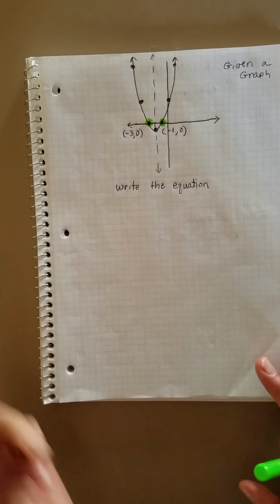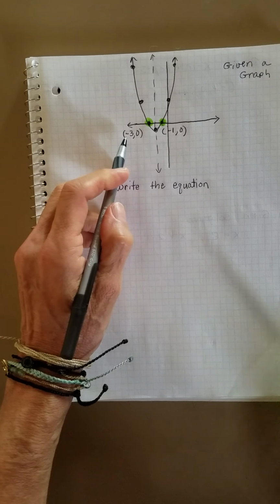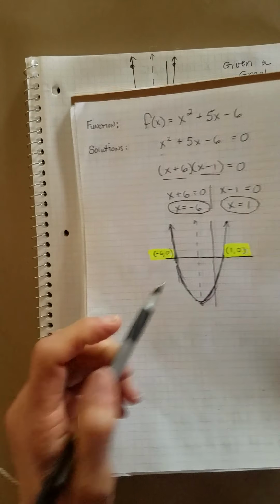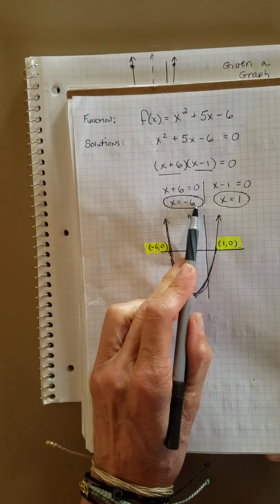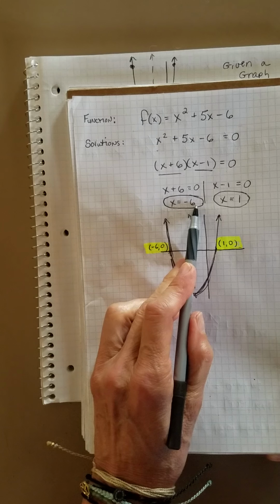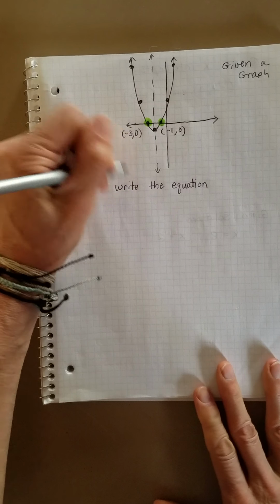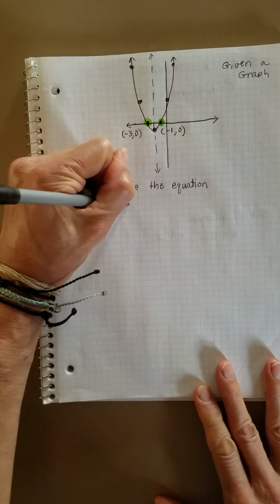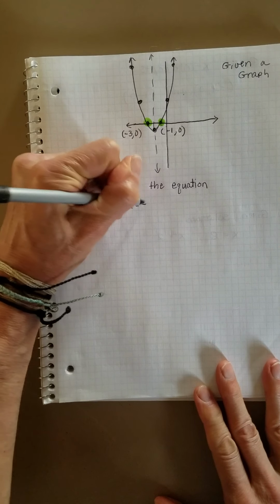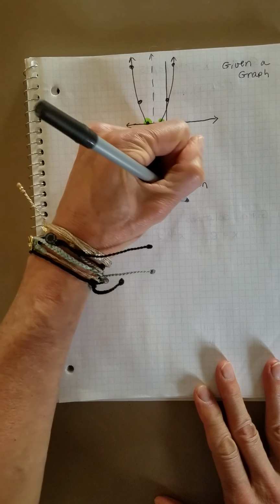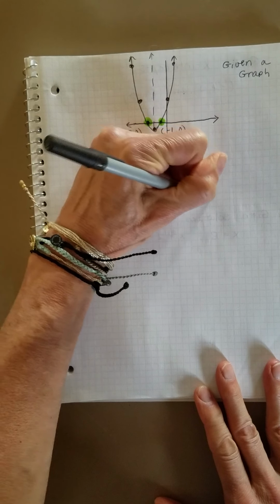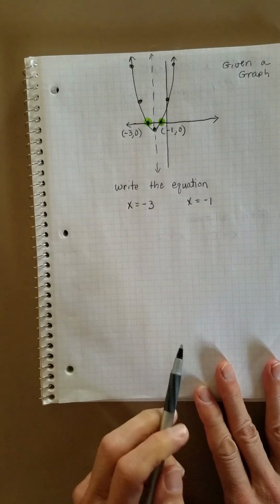After I write down those two points, I remember what I had done previously. Remember when I had x equals -6? That corresponded to a factor of x plus 6. So for this problem, I'm going to say x equals -3, and I'm also going to say x equals -1, because I have two solutions here.